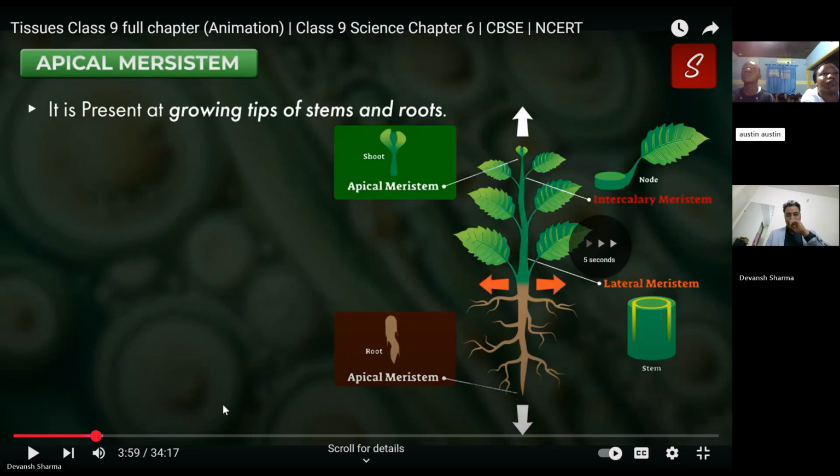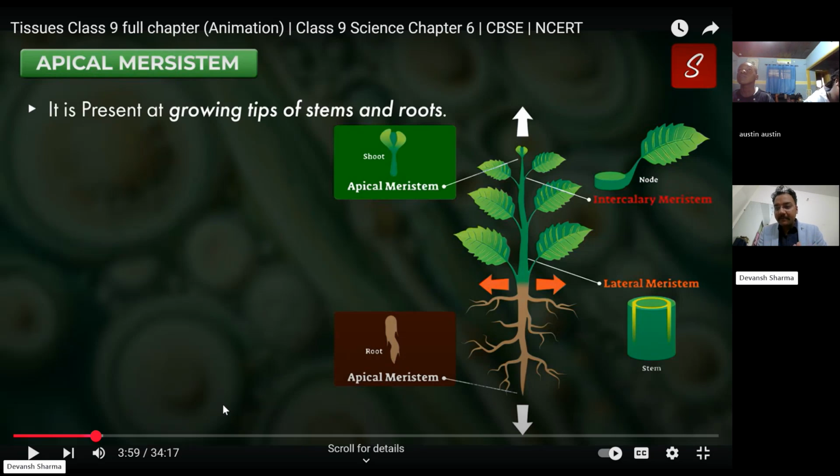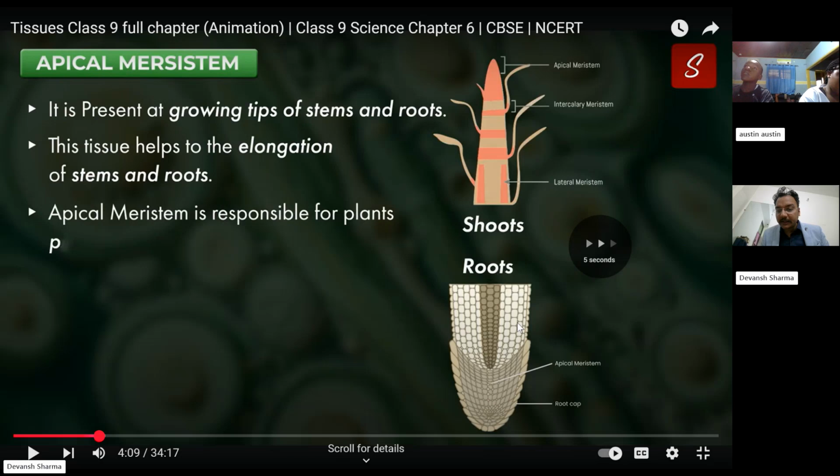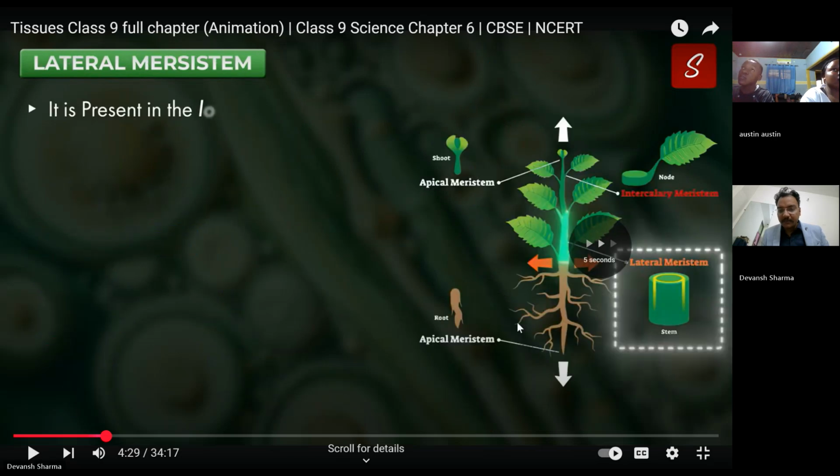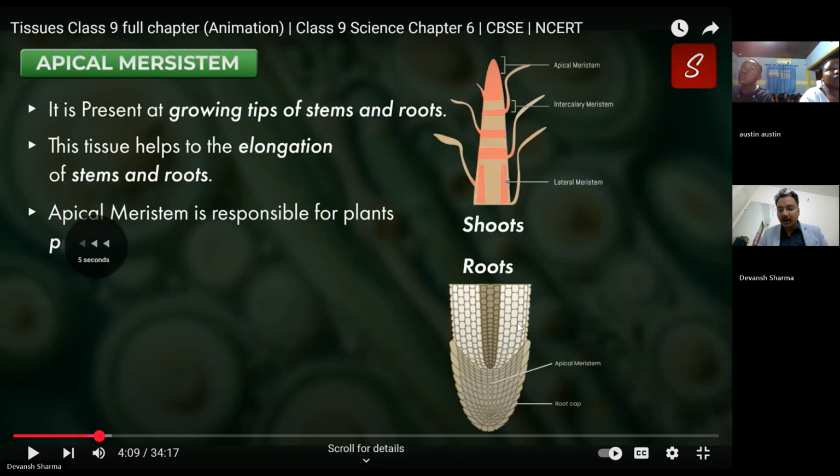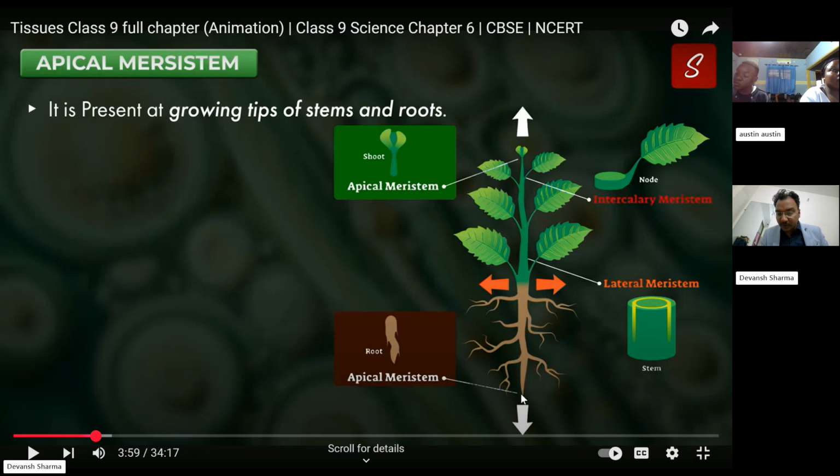Okay, so apical, as the name is stating, apical means the top, the tip. This green part is the shoot of the plant, called the shoot system, and roots are inside the ground. On the tip of the root and shoot system, this apical meristem is present.